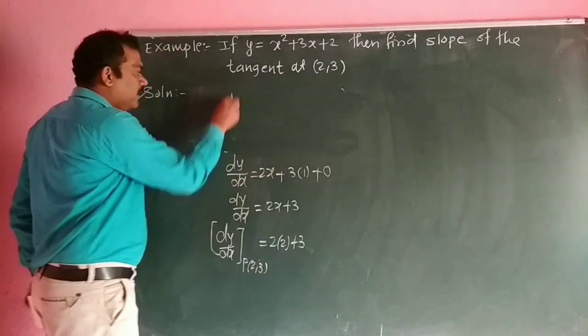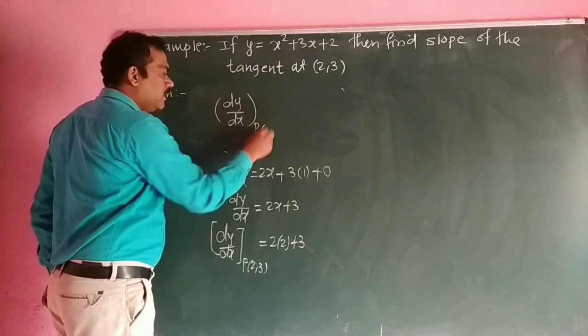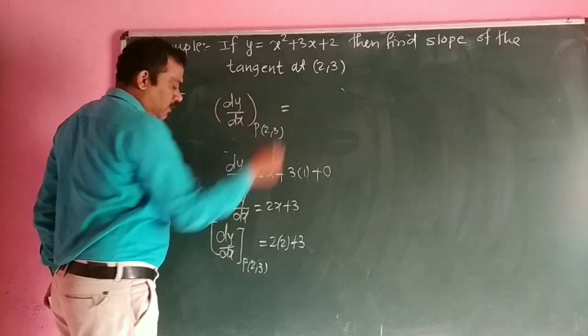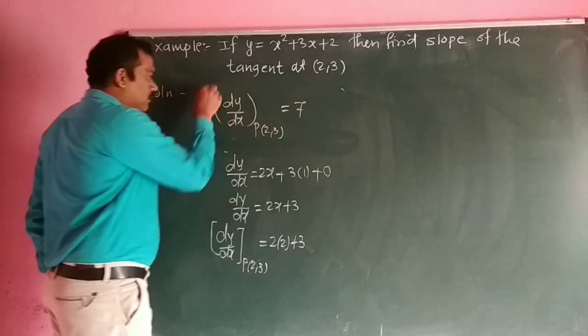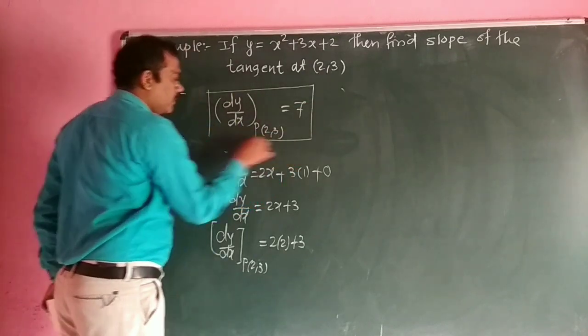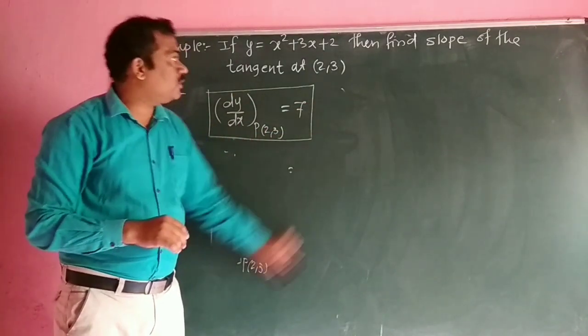The value of dy by dx at P(2, 3) is equal to 2 into 2 plus 3, that is 4 plus 3, which is 7. That is the value of dy by dx at x is equal to 2.